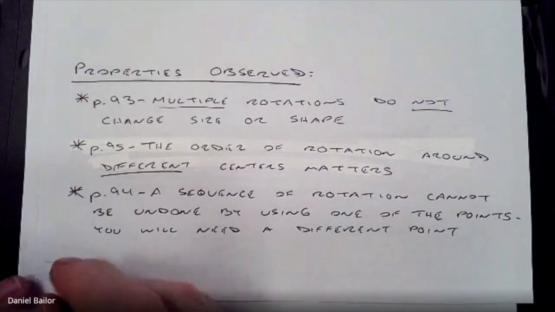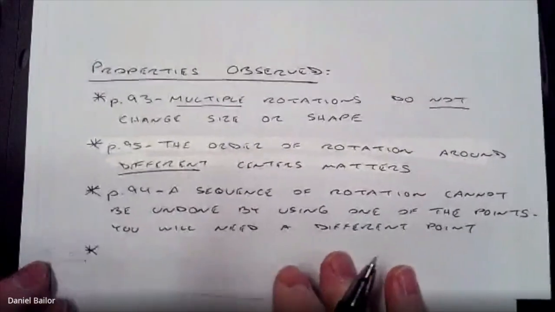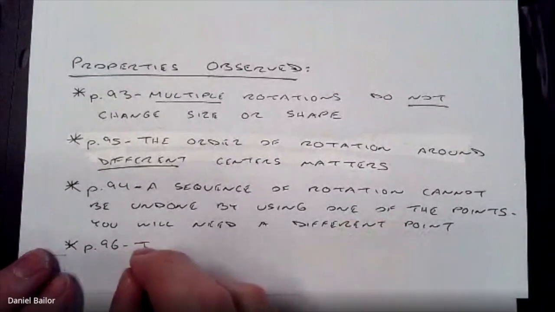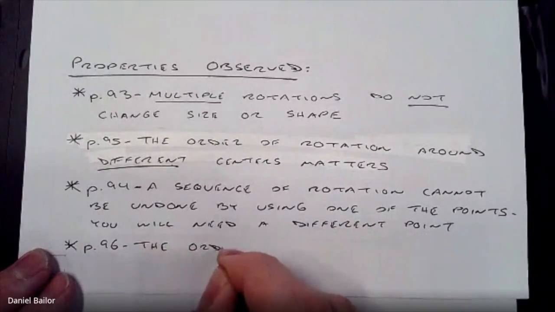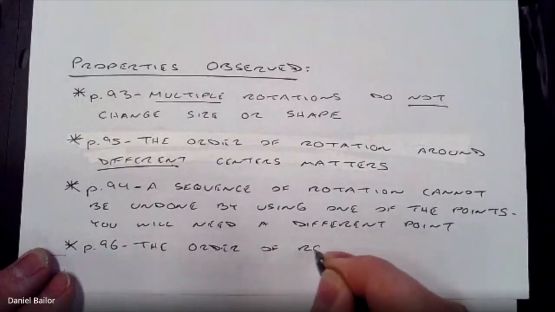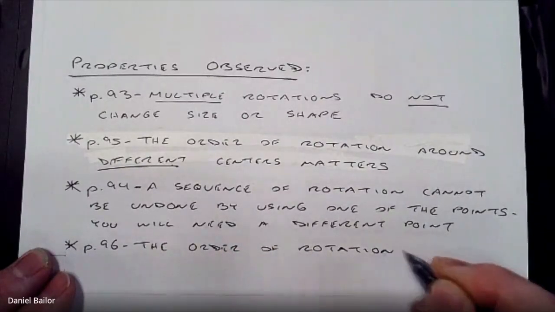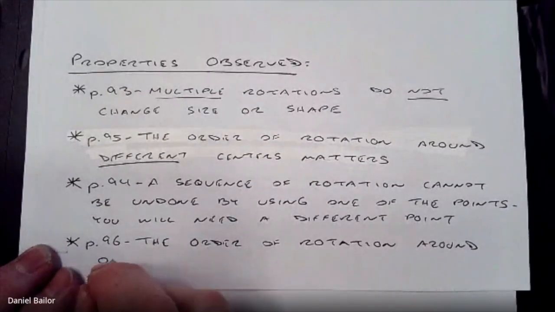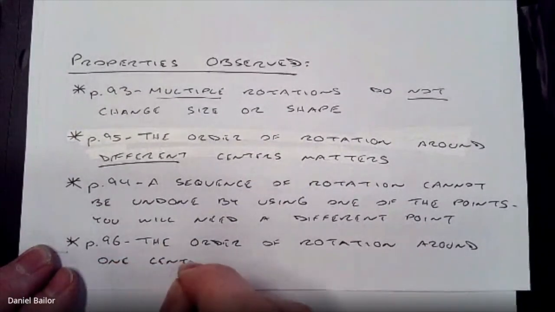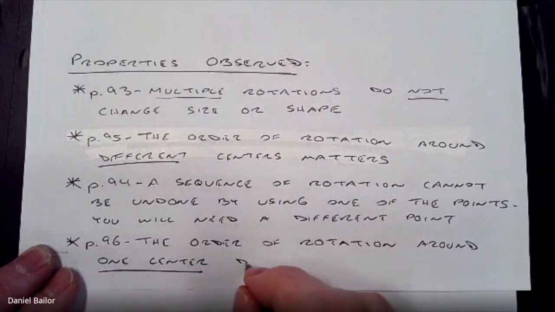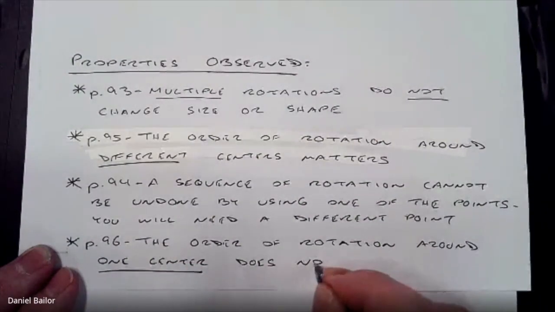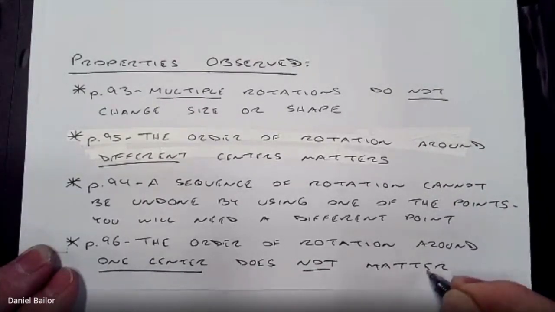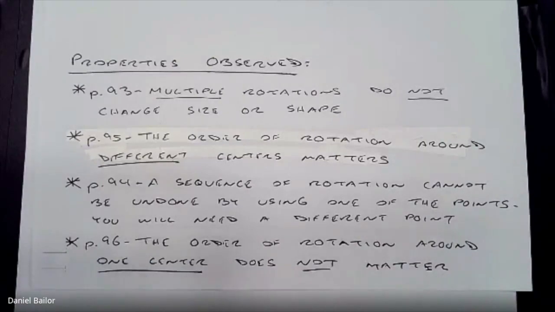Let's say, the fourth property we observed today, on page 96: the order of rotation around one center does not matter.